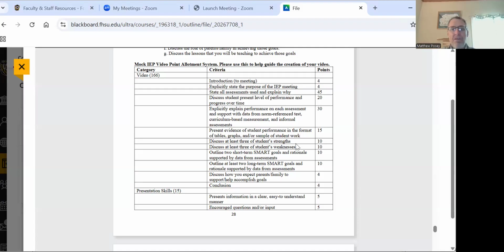Then as the meeting's progressing along, after you do that, we're going to ask you to outline or present, based on all the data you collected, two short-term SMART goals, and then two long-term SMART goals. Depending on where we're at in the semester, I always tell the graduate students, on a short term, let's just consider it a quarter, a 9 weeks.